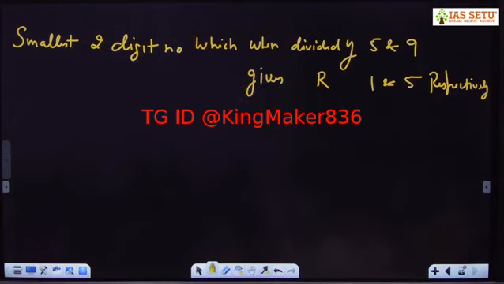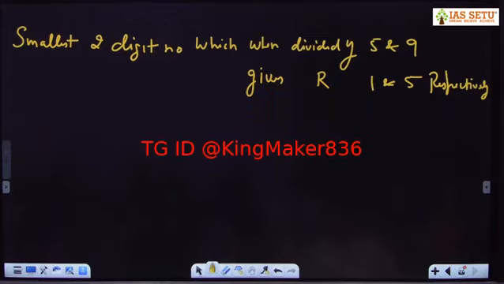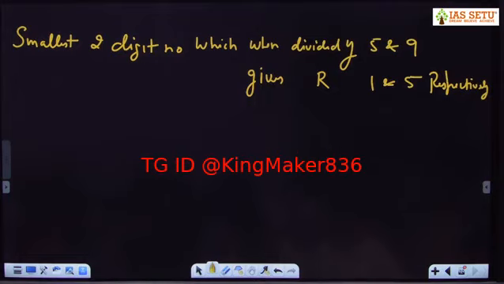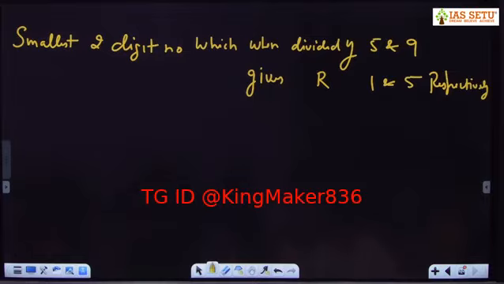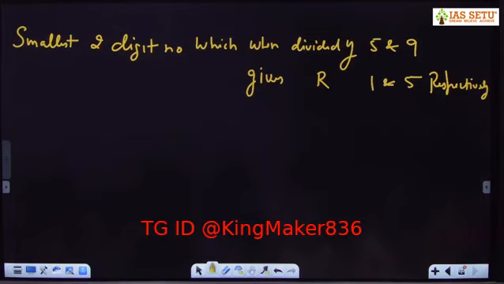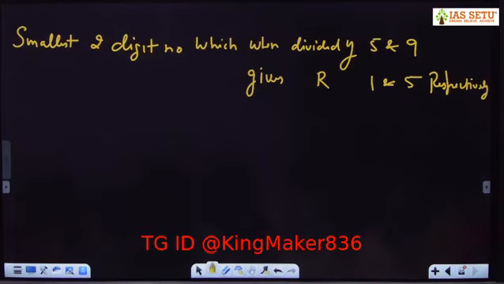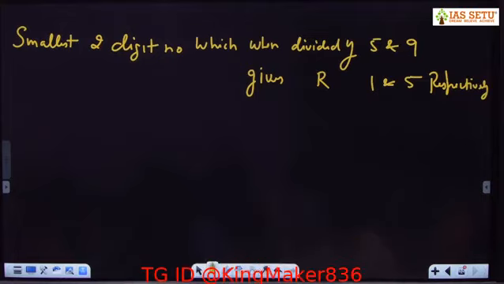46 and 50. But आप question नहीं समझे. You have to tell me the same number. You can't tell me two different number. You have to tell me the same number which when you divide by 5 you get remainder 1. उसी number को अगर 5 से divide करेंगे remainder 1 आना चाहिए. And the same number when you divide by 9 you get remainder 5.